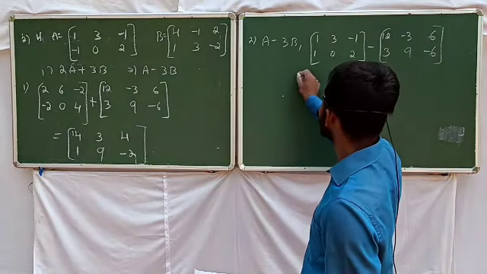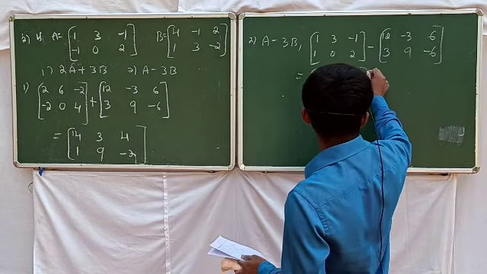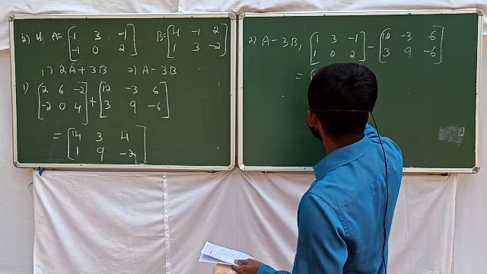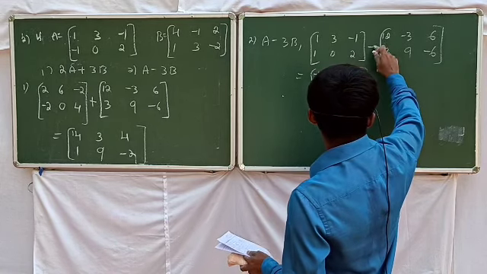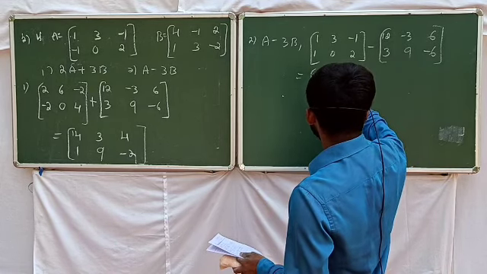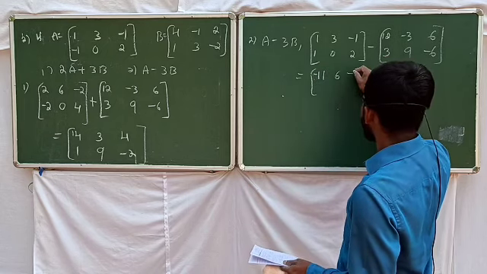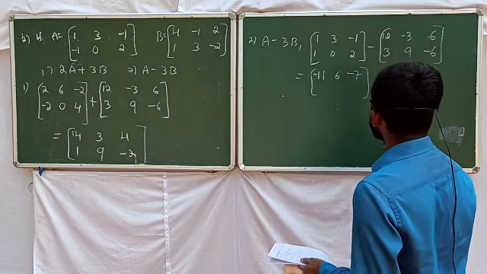Okay. Now simplify, its value is equal to 1 minus 12, it's equal to minus 11. 3 minus into minus 3 plus 3, its value is equal to 6. Minus 1 minus 6, its value is equal to minus 7.